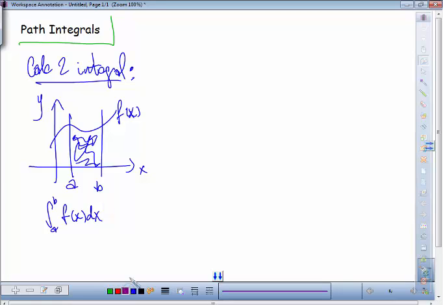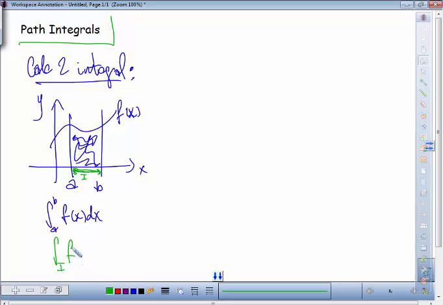And for now, I'd like to even shorthand this into, instead of saying a to b, maybe I'll call this an interval. Call this interval I. So this is an integral over the interval of f.